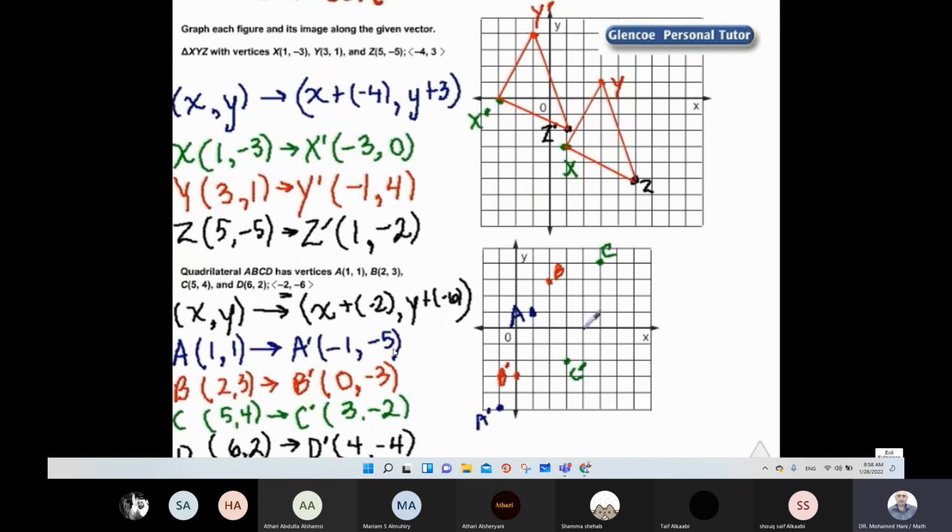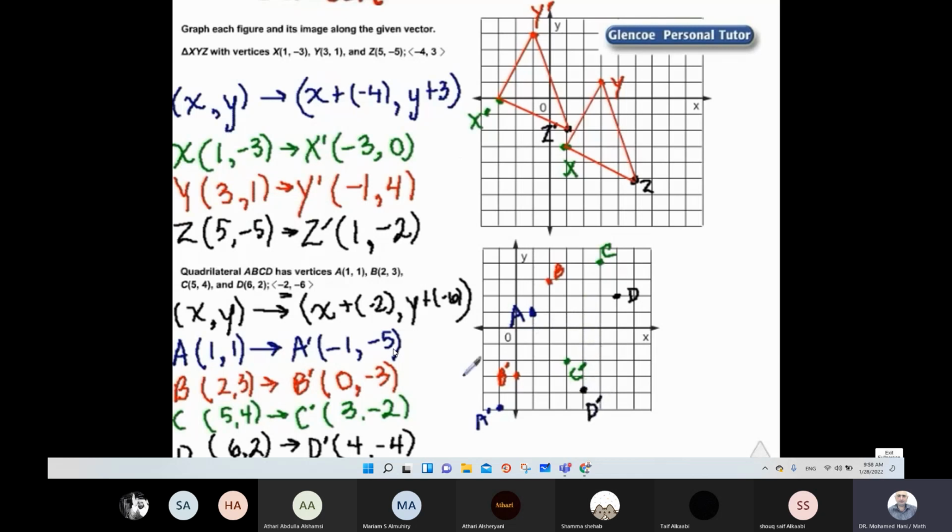So 1, 2, 3, 4, 5, 6, 2. Here's D. And then the translation, left 2, 1, 2, down 6, 1, 2, 3, 4, 5, 6. We are at the point 4, 1, 2, 3, 4, -4.